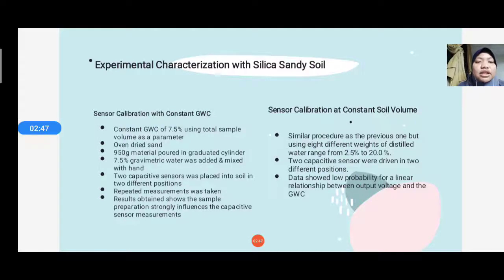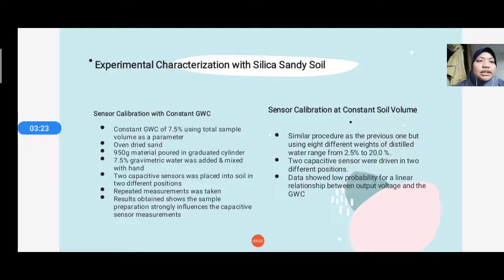First, the sand is oven dried, which is silica sand, and then the material was poured in a graduated cylinder. 7.5% gravimetric water was added and mixed by hand, and then two capacitive sensors were placed into the soil in two different positions, and then repeated measurements were taken. The result obtained shows the sample preparation strongly influenced the capacitive sensor measurement.